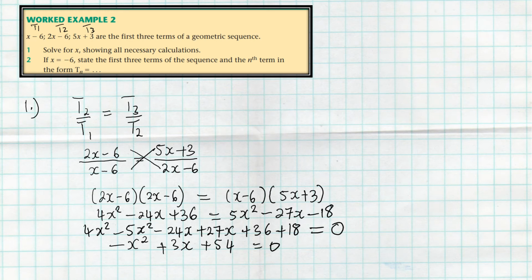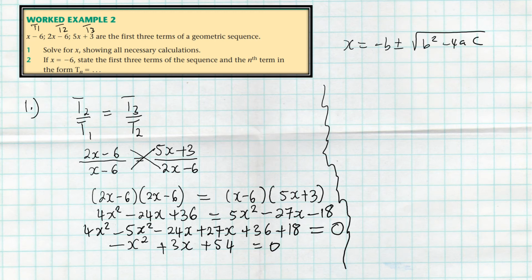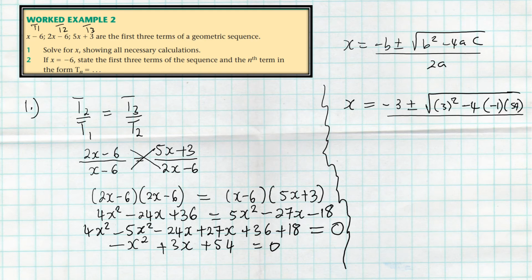Now from here we can use the quadratic formula in order to solve for x, right? We can simply use our quadratic formula. The quadratic formula says x equals minus b plus or minus root of b squared minus 4ac, divided by 2a. x equals minus b, your b is positive 3, plus or minus root of 3 squared minus 4. What is your a? Minus 1. What is your c? It is 54, divided by 2 times our a, which is minus 1.